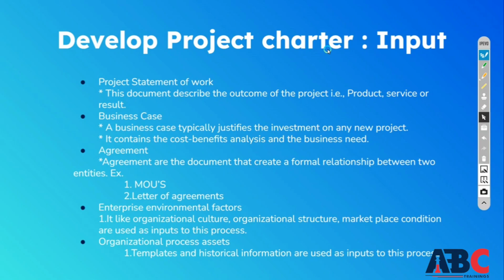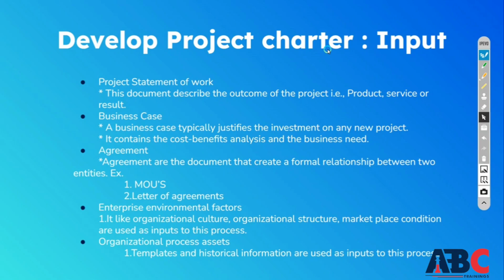Next comes your agreement, which is the formal documentation between two entities, owner and contractor. Both have legal documentation, which includes your MOU or letter of agreements, with documentation and approvals.